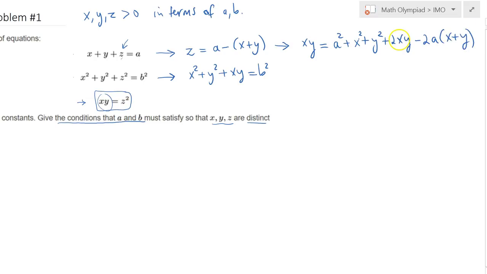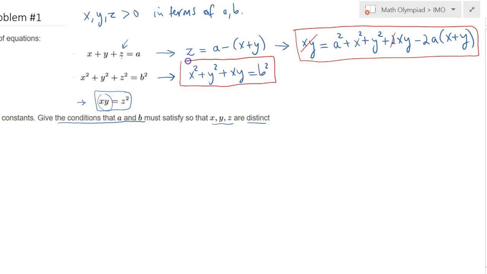Notice that everything is in terms of xy and the parameter a. So that's pretty good. We can further simplify things. We just realized that this xy and the 2xy here will cancel. And that's it. Now I can combine these two expressions, so we have this one and this one now.